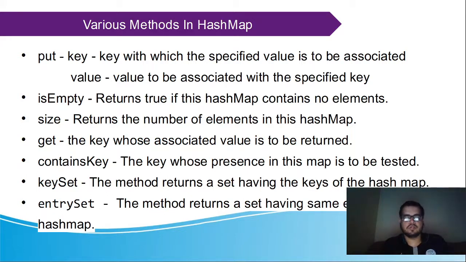If I want to get the value associated with a key, I use the get method. containsKey tests whether a key is present in this map. If I want a set containing all the keys in the HashMap, I use keySet. And the entrySet method returns all the elements with their values also.